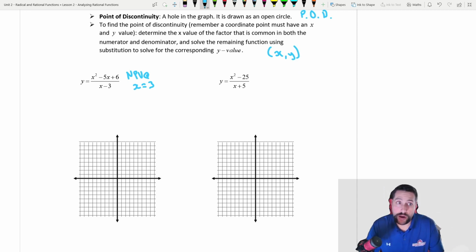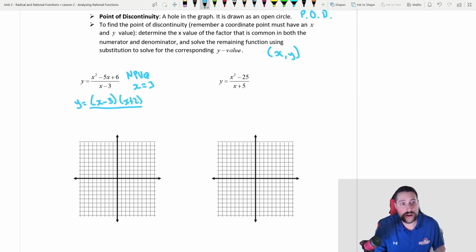What we need to do now is factor the numerator and see if anything cancels. If something cancels, we have a point of discontinuity. If nothing cancels, we have a vertical asymptote at x is equal to 3. So let's see if something cancels. So x squared minus 5x plus 6 factors to x minus 3 and then x plus 2.